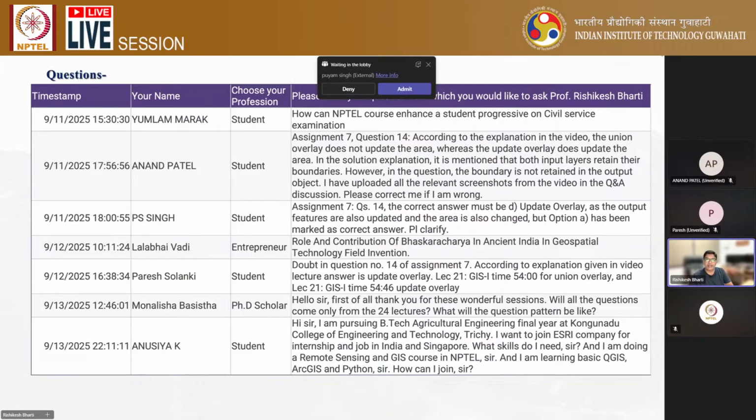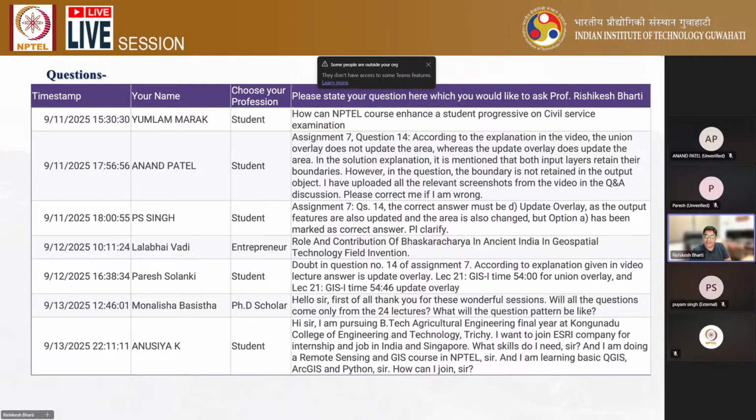The corrected marks will not consider question number 14, so you don't need to worry about the marks. But yes, for the correct answer, you should always refer to this particular condition as an update overlay. I hope you agree with this.